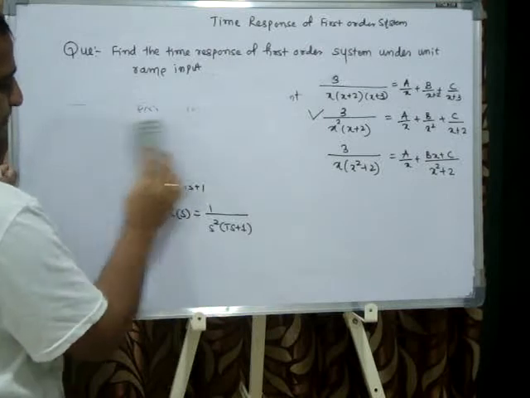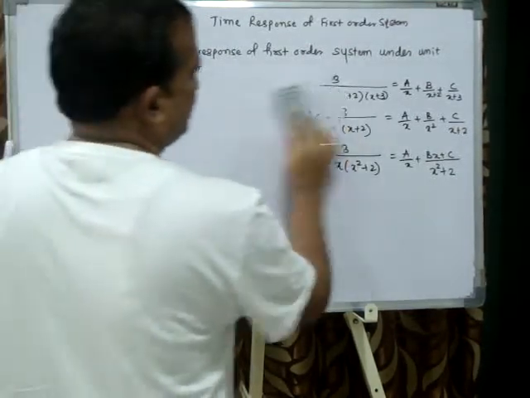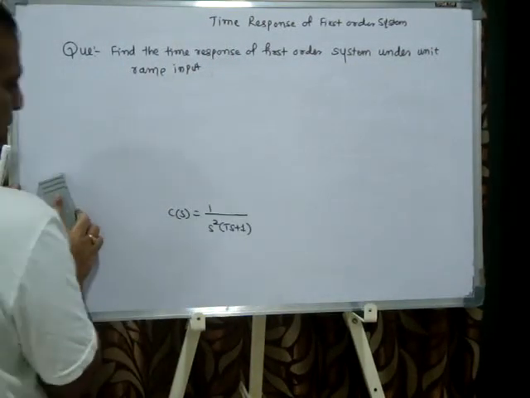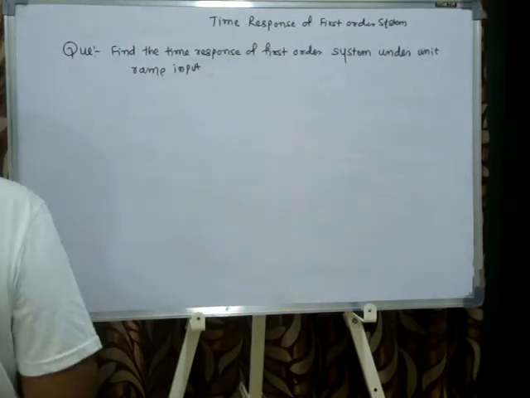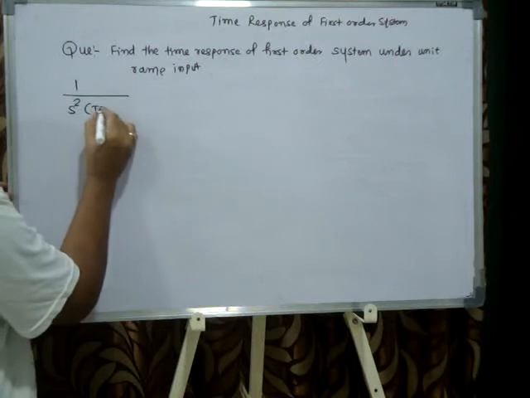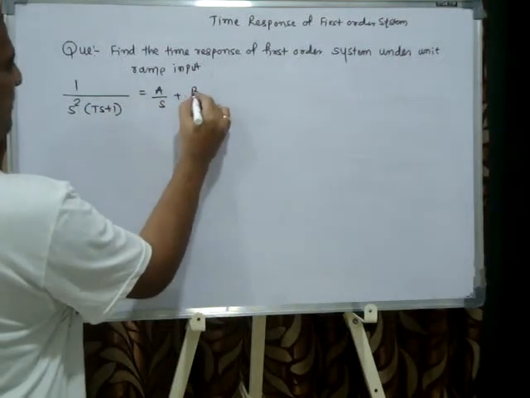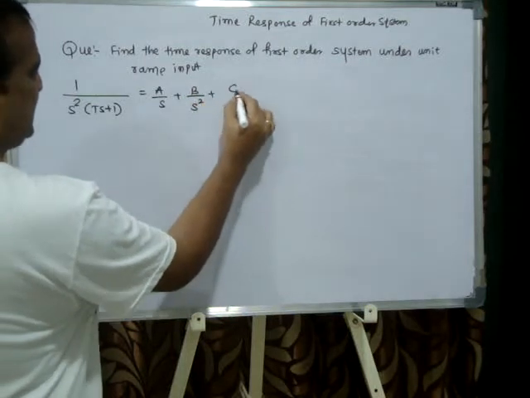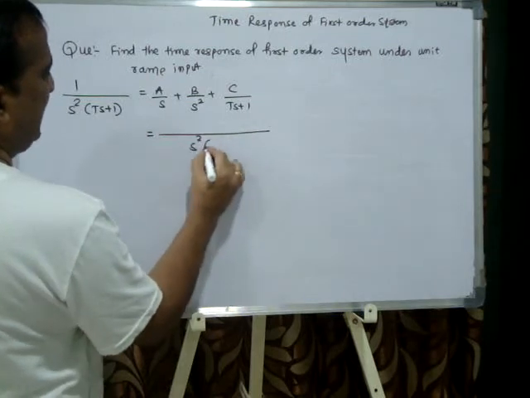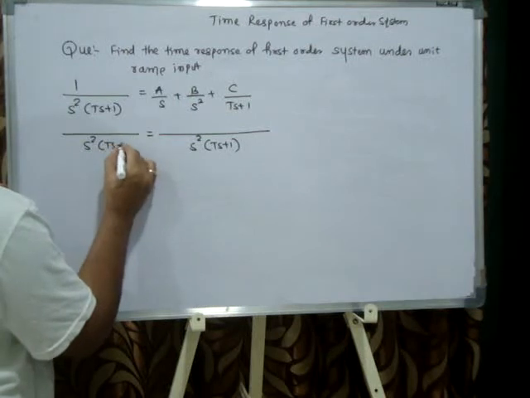Now what I'll do, I'll write 1 by s square into bracket Ts plus 1 equal to A by s plus B by s square plus C by Ts plus 1. I'll take the LCM, s square into Ts plus 1.